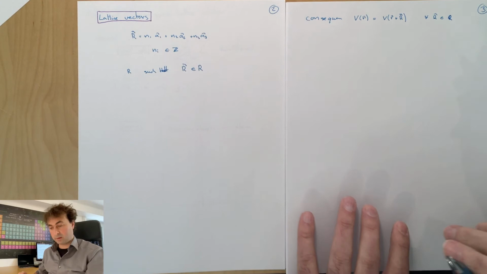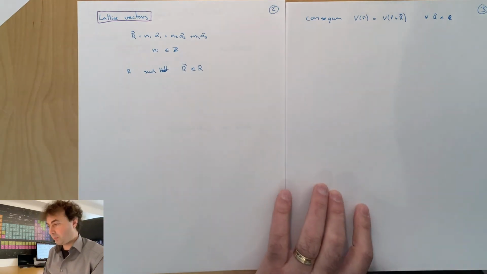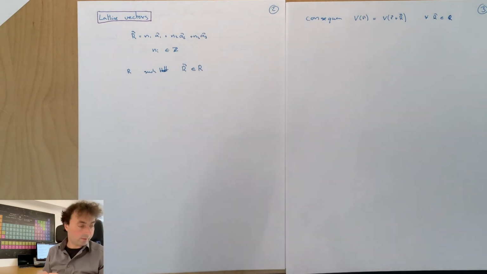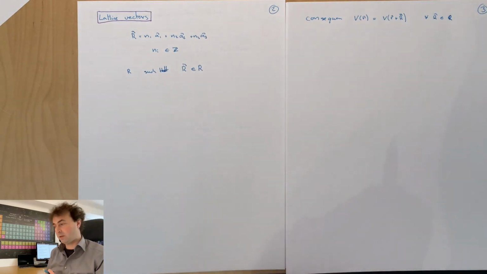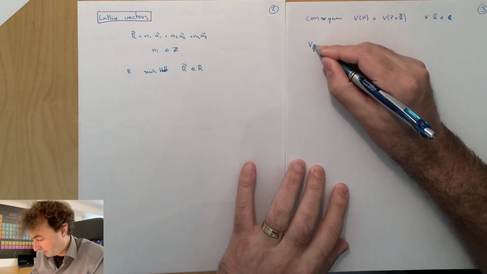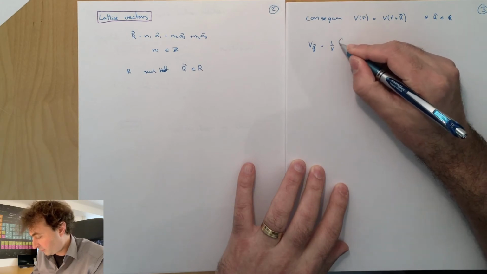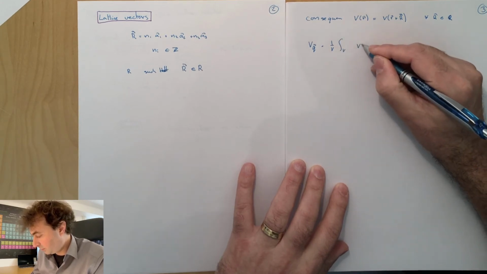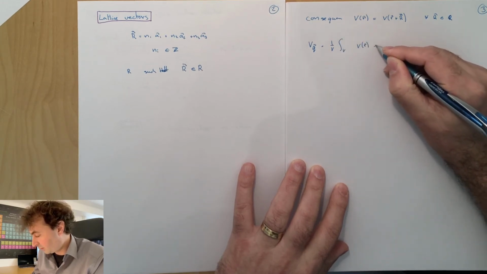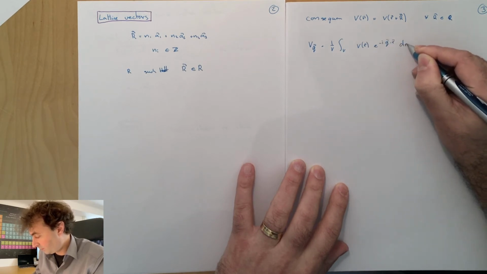We can now have a look at the interaction between 2 electrons with different momenta. So before we looked at V of Q, which was 1 over V, the integral over the volume V of R e to the minus i Q dot R dR.